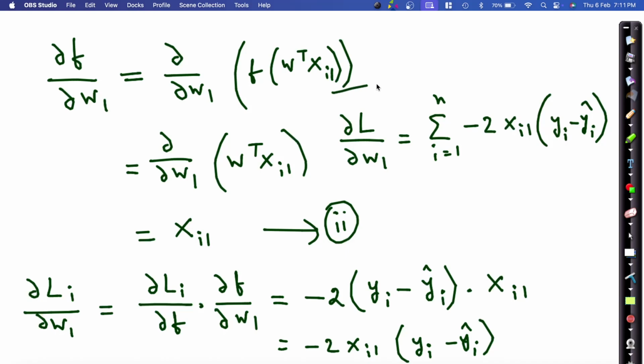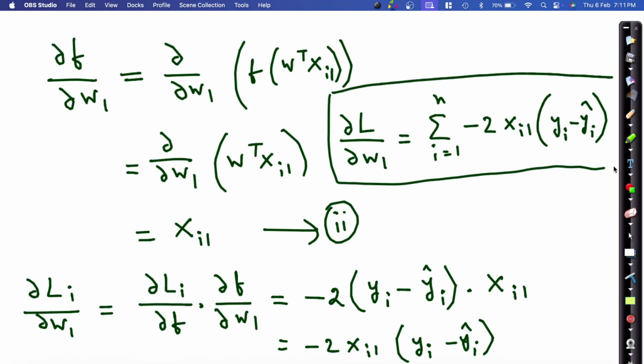So this is the entire final result. Okay, I hope it is clear. See, this xi1, why is this 1 written? Because I am finding it for weight number 1. That is why I am taking this particular xi1.